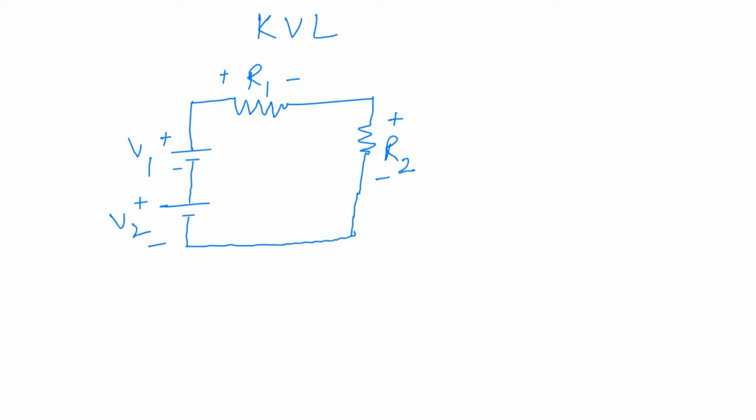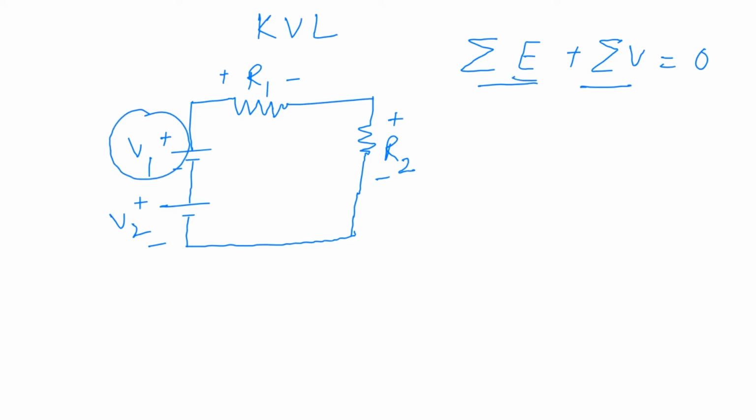We can write here sum of all the EMF plus sum of all the voltages is equal to 0. Okay, so sum of EMF is that voltage source. So we can write it as V1 plus V2, then voltage drop across this resistor.